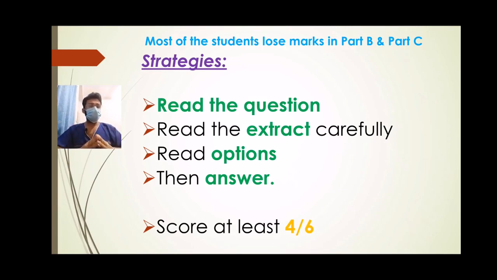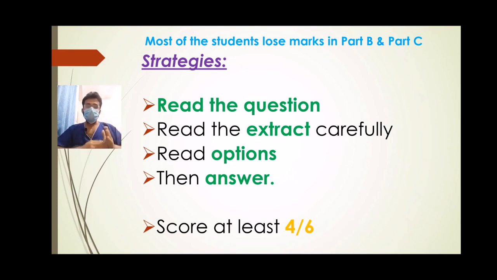So first of all, what do you have to do? You have to read the question and underline or encircle the important word or phrase in the question. Then read the extract. After reading the question, don't read the options. Then read the extract carefully and search for the important word or phrase given in the question in the extract. Then read the options and answer carefully.